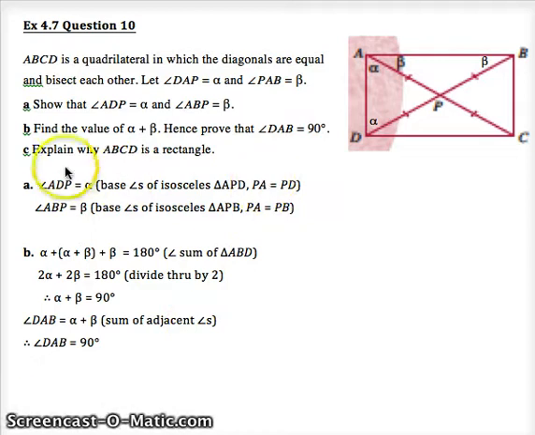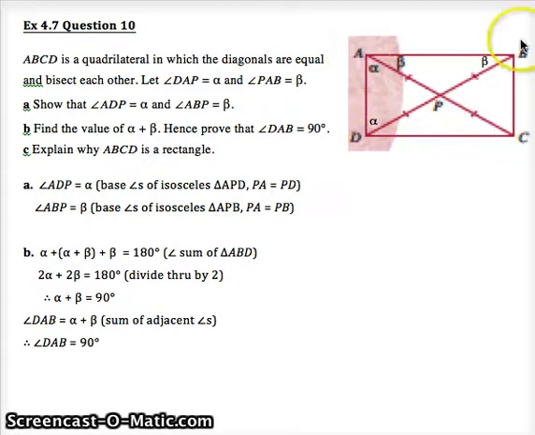Now, in part C, we're asked to explain why ABCD is a rectangle. Now, we have to look at all of the properties that we have. There are 4 tests for parallelograms, and one of the tests for a parallelogram is that the diagonals bisect each other.